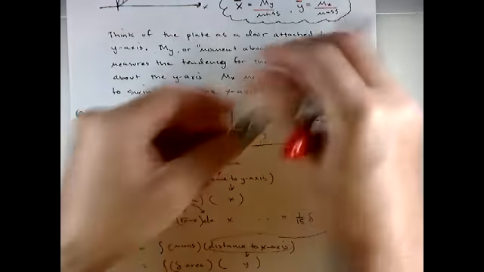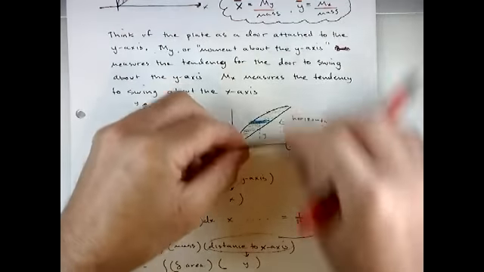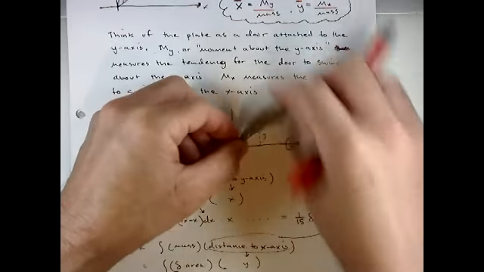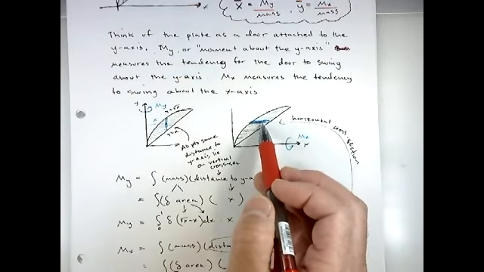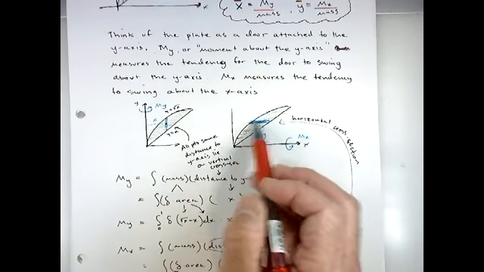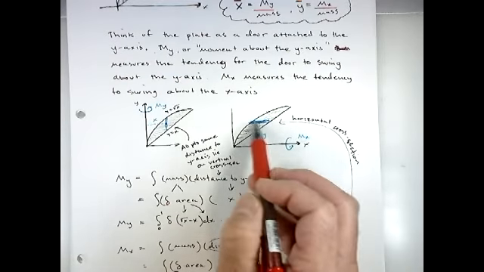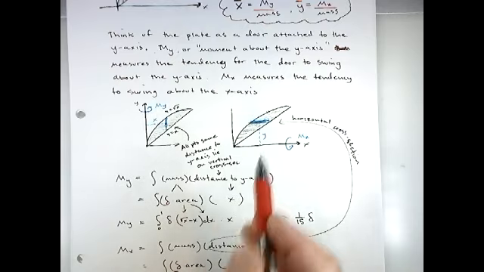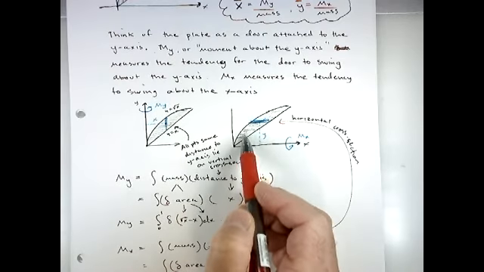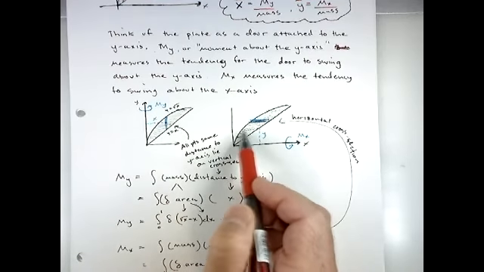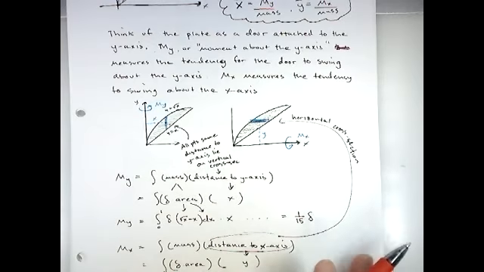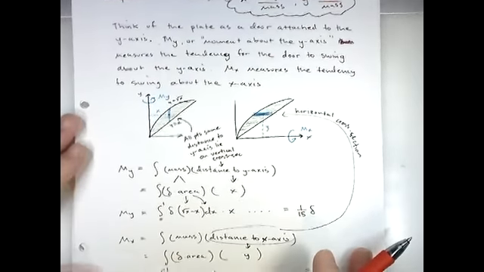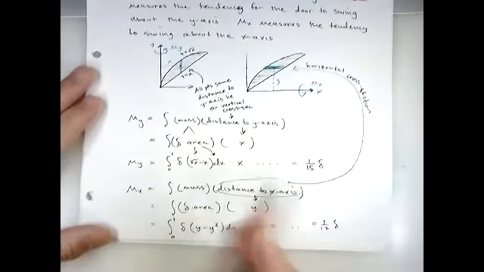Rotating around the x-axis, right? So the x-axis is your fulcrum. So moment would be defined as mass times distance to the x-axis. All points that are the same distance to the x-axis would lie on a thin horizontal strip. Okay, and you would add up all of the moments of all of the horizontal strips, mass times the distance to the x-axis. Okay, so that's where those definitions are built on.